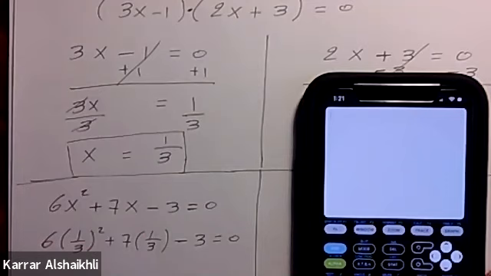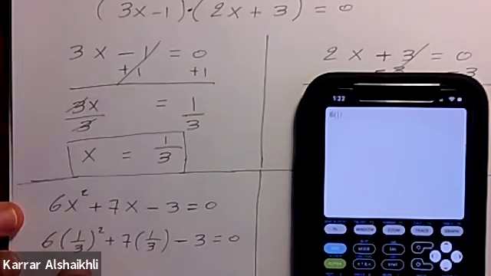How to plug in that? It's going to be 6 parentheses 1/3. How are you going to write down this fraction? Write down 1, divided by 3, close the parentheses, and put down the squared. Plus 7 times 1/3, also parentheses, 1 divided by 3, close the parentheses, minus 3.